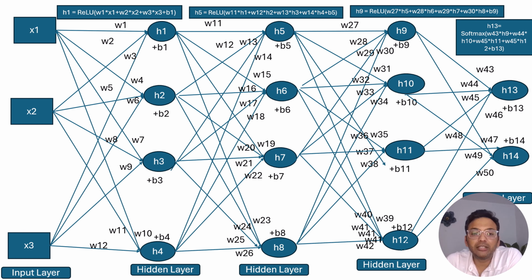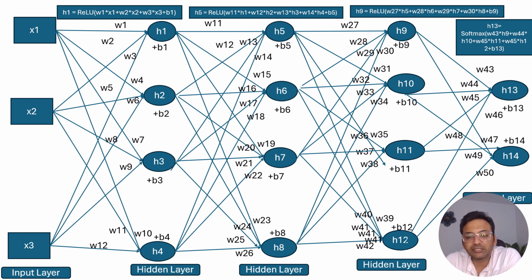Again, each connection has its own weight, and we multiply and add them: W11 into H1 plus W12 into H2 plus W13 into H3 plus W14 into H4, plus a bias B5. We pass this value to the ReLU function and we get the value H5. In the same way we get H6, H7 and H8.